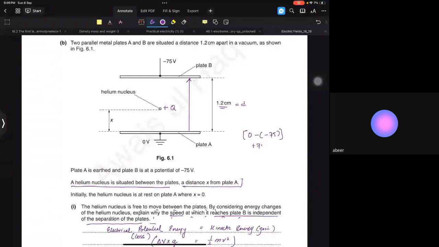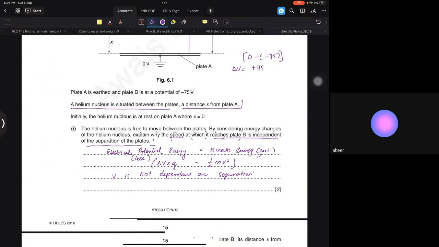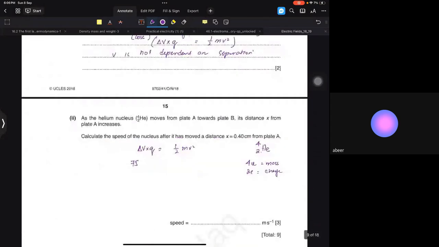We're going to have 75 as the potential difference. And the distance between them is 1.2. Well, I don't think we need that. So 75, the charge on this is 2 times 1.6 times 10 raised to minus 19. Half the mass will be 4 times 1.66 times 10 raised to minus 27. And we've got to find the speed like that. All right, kids?